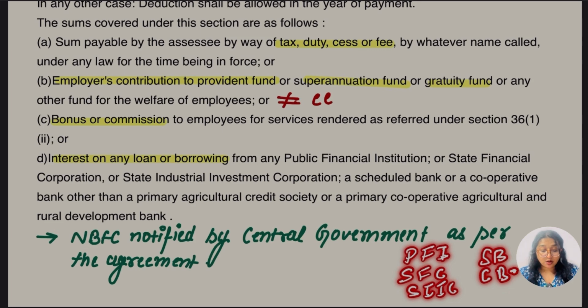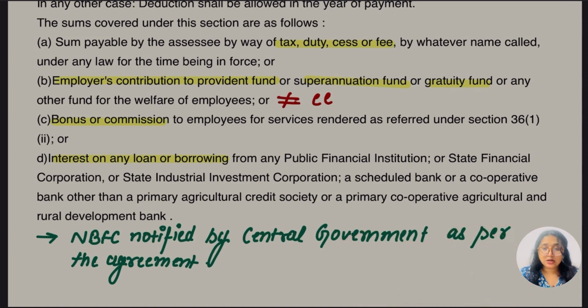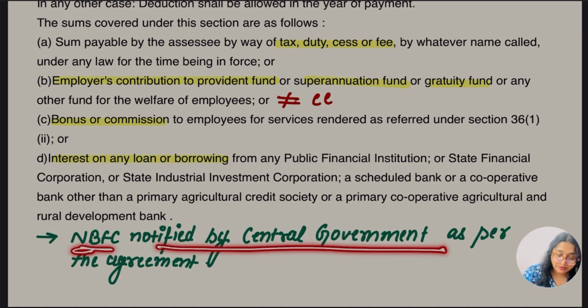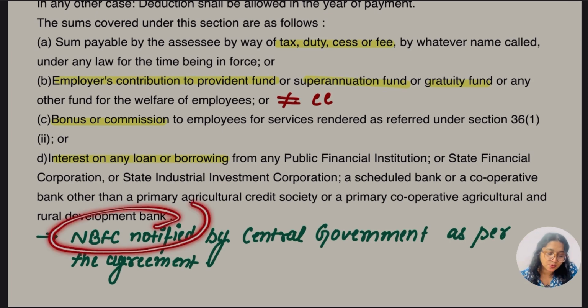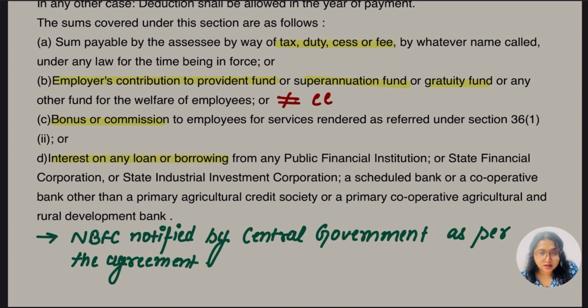If the interest on loan or borrowing is from these, then only it is going to be allowed. With this there is one more point, which is NBFC notified by the central government as per the agreement. So in this case NBFC is also included. There is another point for NBFC, but I have mentioned it here also.